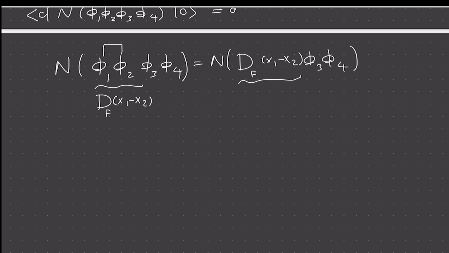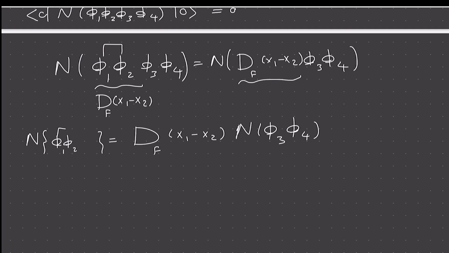Because the Feynman propagator is already normal ordered, it's going to come out. So you have D_F of x1 minus x2, times the normal ordering of phi 3, phi 4.